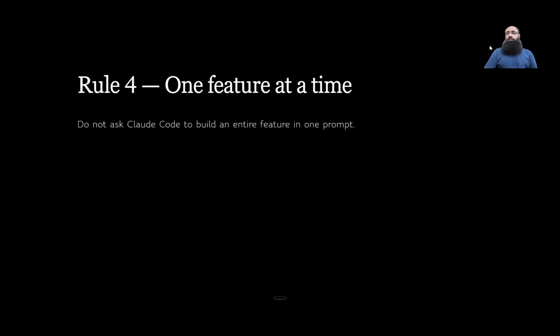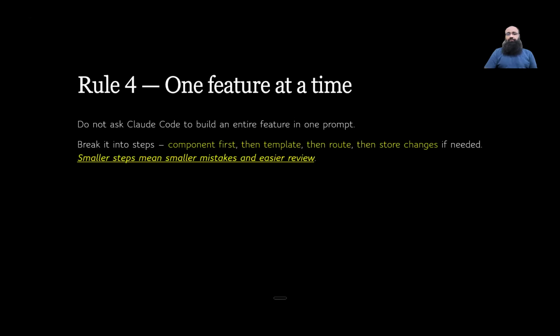Then comes rule 4. This is the most important one: one feature at a time. Let's say we asked Claude to build an entire feature. What is going to happen? It might come up with so much boilerplate code that you might not be able to grasp it. So we are going to break it into steps, like component first, then template, then route.